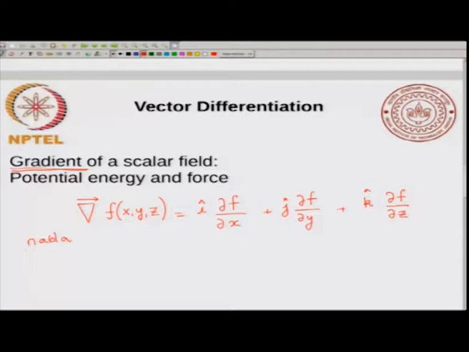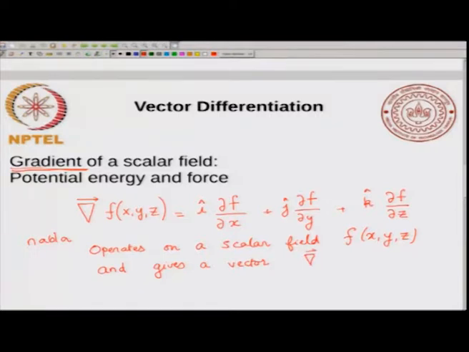Gradient operates on a scalar field f of x, y, z and gives a vector, denoted by grad f. This gradient is a vector field, and it depends on x, y, z. Each of the components has a dependence on x, y, z.